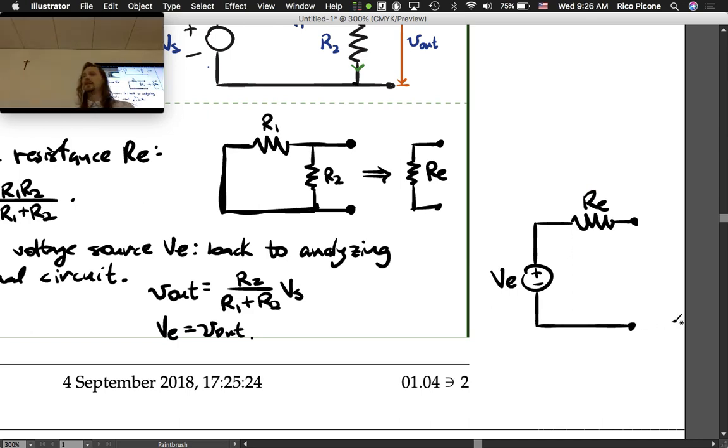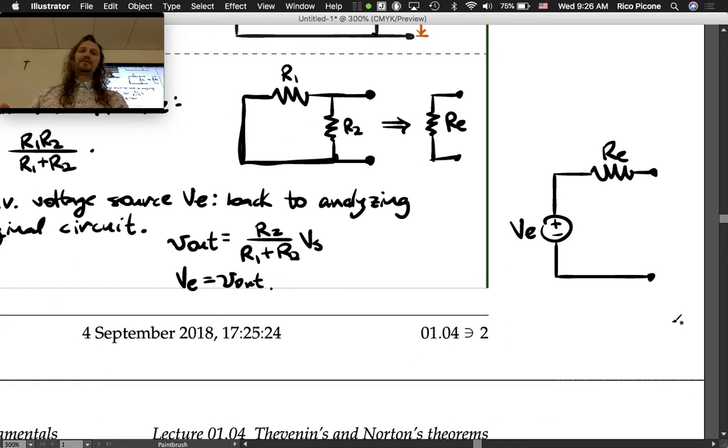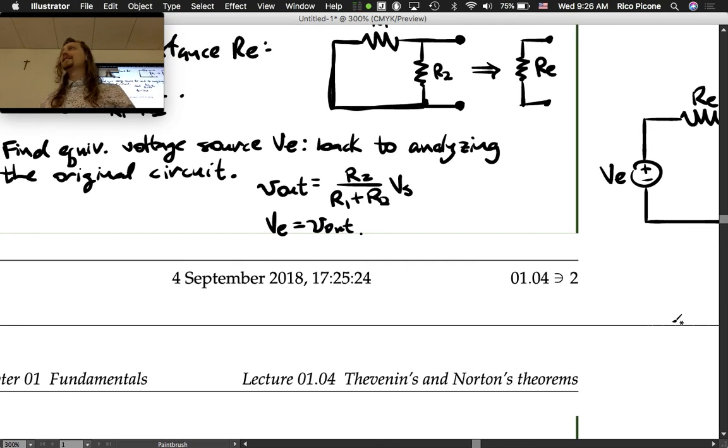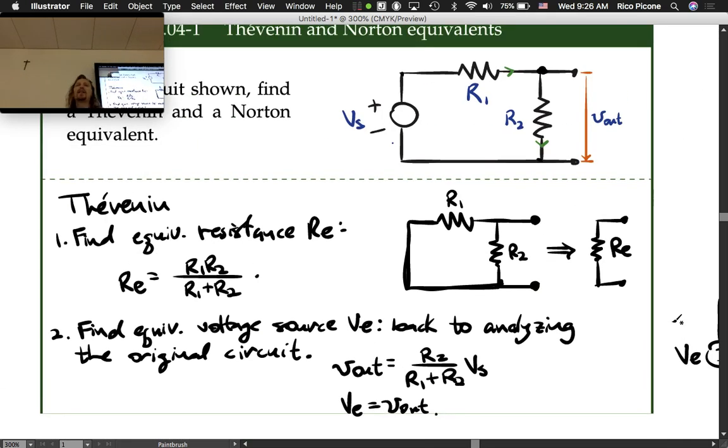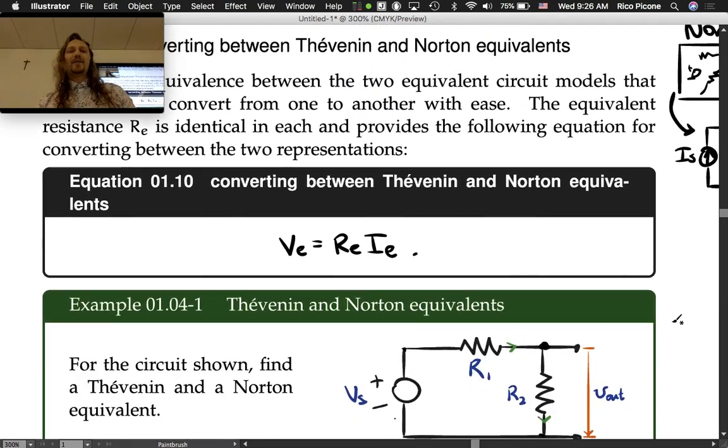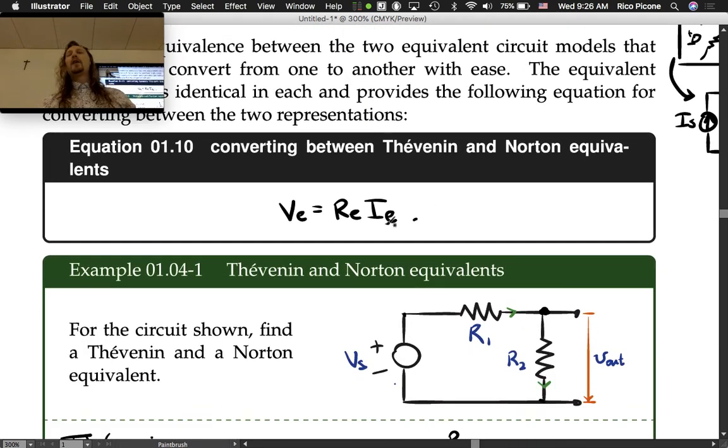We can redraw it, but it always looks the same, so it's kind of boring to redraw it over and over again. So now we can use this shortcut that we know RE is the same for the Norton equivalent, right? So we can find the Norton equivalent by just using this little shortcut here.